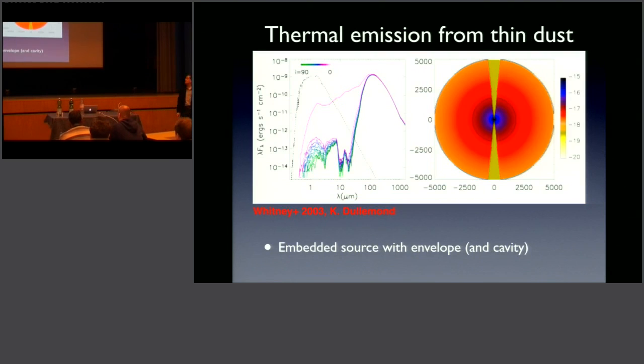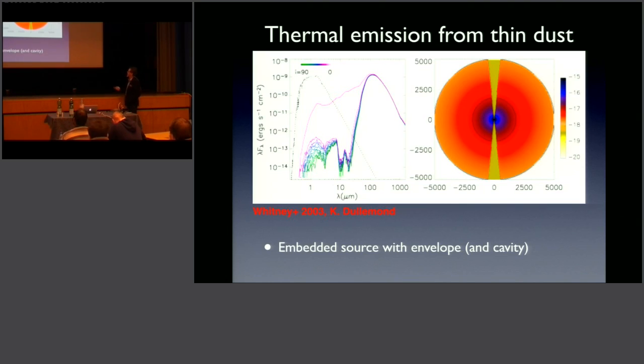Now, how do these objects look if you do a radiation transfer? That's a star with a dusty envelope around it with cavities. What you see depends a lot on where you are looking from. If you are looking through the envelope, you see a lot of extinction, and essentially all the stellar radiation is reprocessed in the far infrared by the dust.